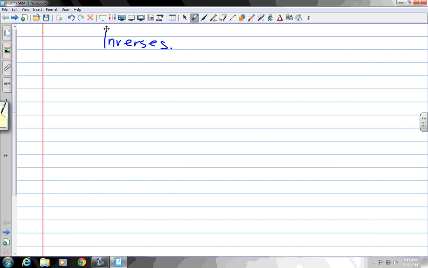If you recall from your college algebra course, for example, if you have a function that's defined like this, so nice little function, just three little ordered pairs, nothing else.